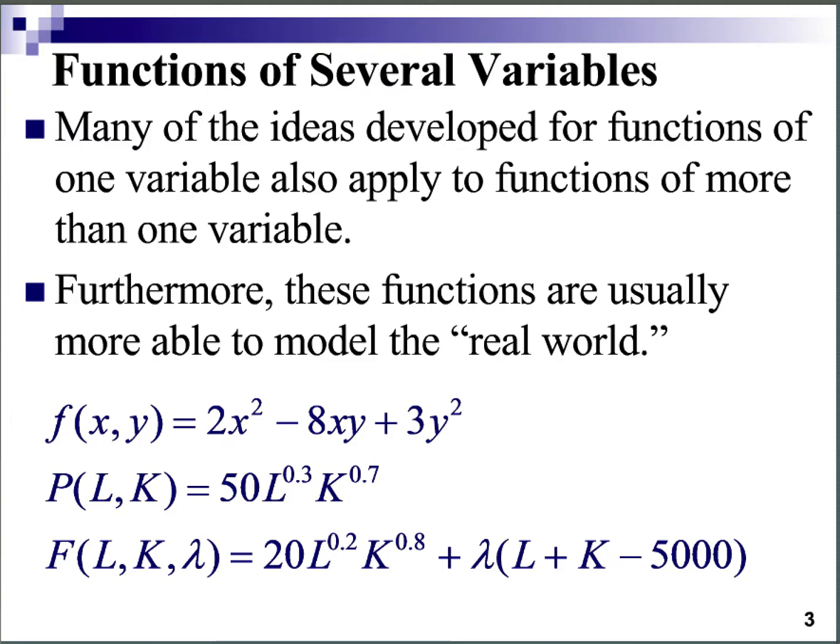But it makes perfect sense when you have multiple variables that determine what's going on, then you need a multivariable function. Notice that lambda here appears in the function just before the parentheses, and so it's a multiplier. So we call this actually the Lagrange multiplier. So that's a quick introduction to what these things might look like.